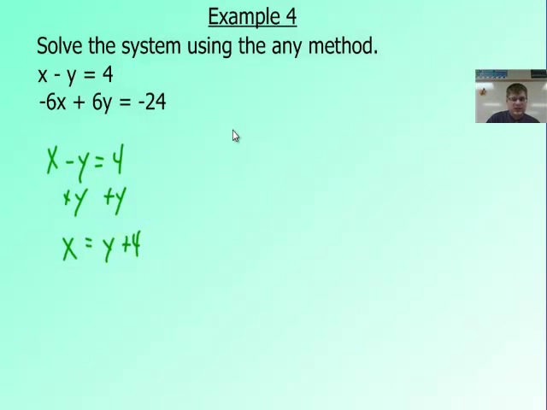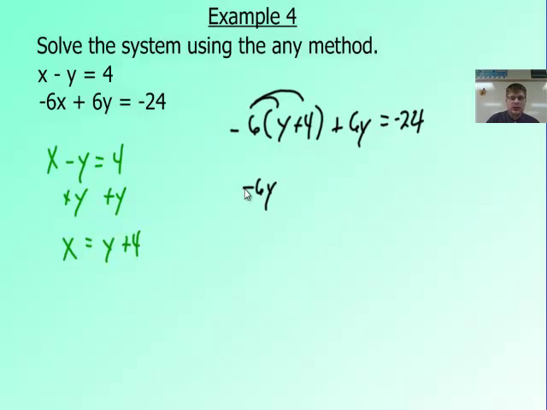Now that I have that, I'm going to substitute this into the second equation for x. So I will have -6, and in place of x, I'm going to have y plus 4, like so, plus 6y equals -24. I'm going to distribute the -6, so -6y minus 24, if you want to sing it, equals -24.